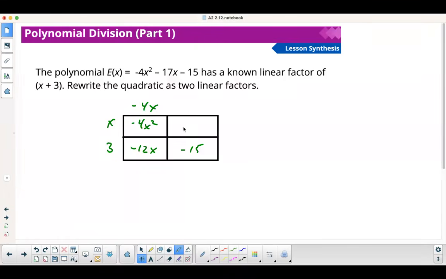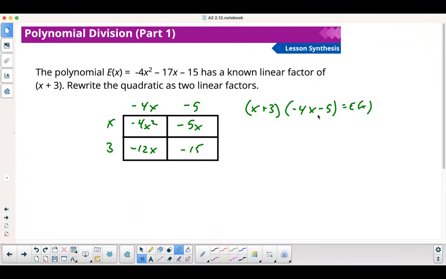And then negative 12x has to add up with something to get negative 17x. So that'd be negative 5. X times what would give me negative 5x? That's negative 5. And then check if that all works. So your answer is x plus 3 times negative 4x minus 5 equals e of x.